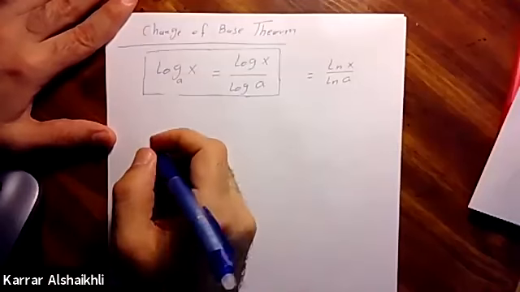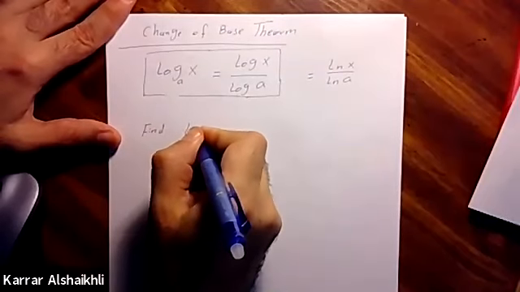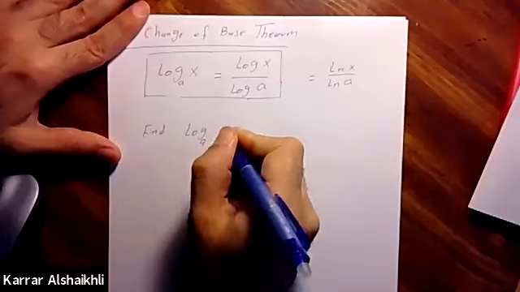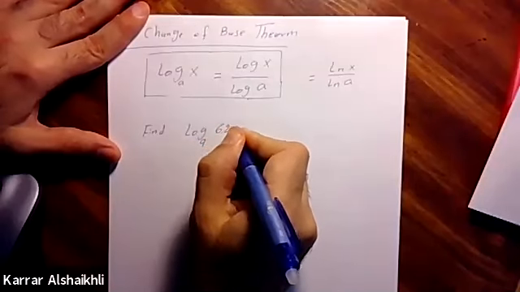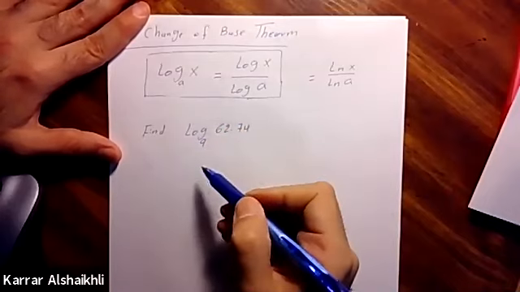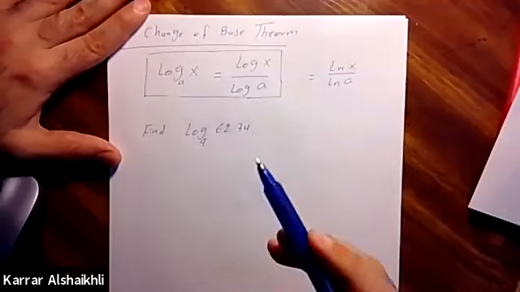For example, they give you: find log to the base 9 of 62.74. Of course, you're going to use the calculator here, but sometimes they're going to ask you to use the change of base theorem.